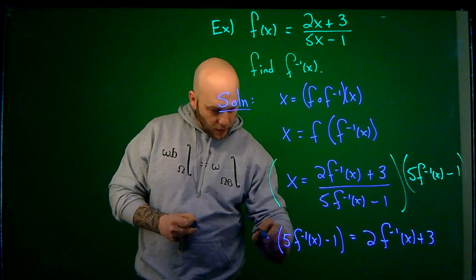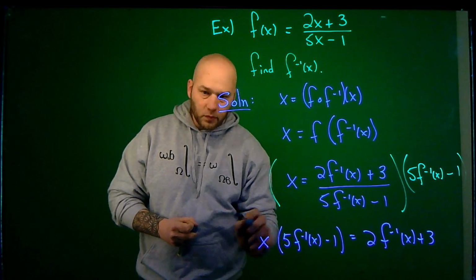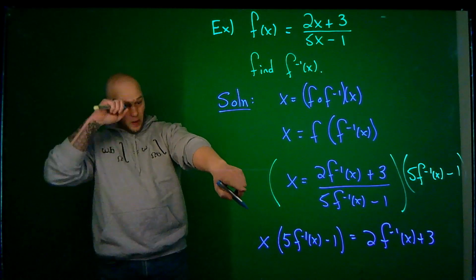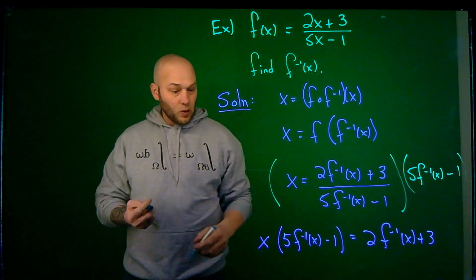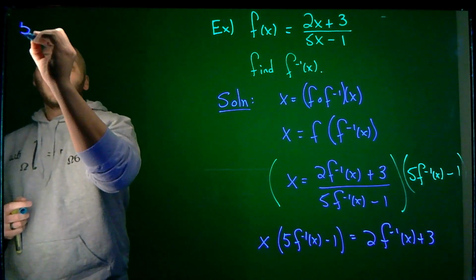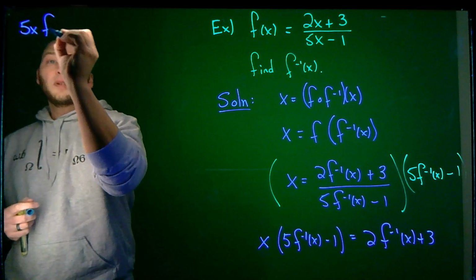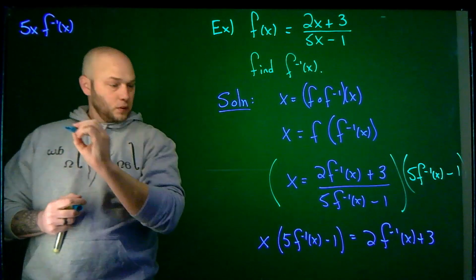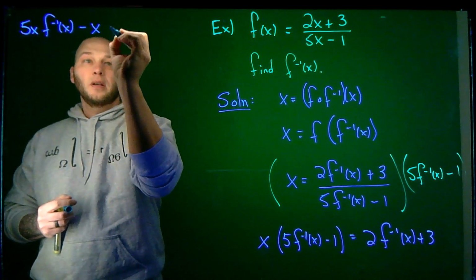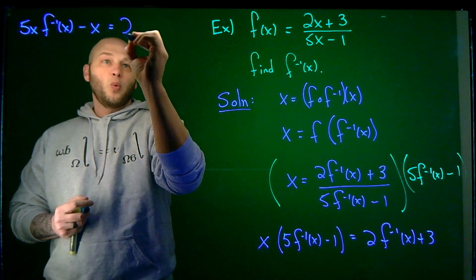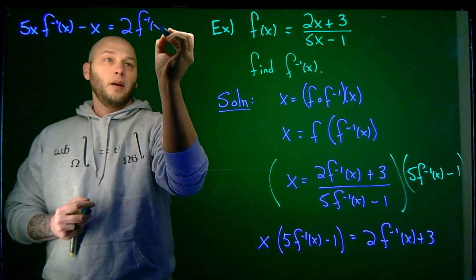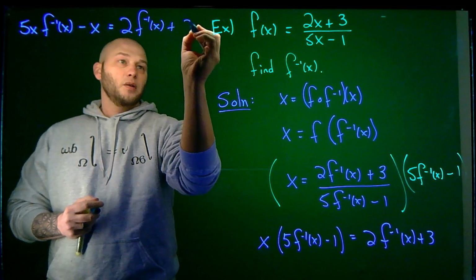I'm sure you noticed that. Oh, actually there was, it just looks like I erased it. So I'm going to go ahead and distribute the x through the parentheses. I get 5x times f inverse minus x is equal to twice f inverse and then plus 3.